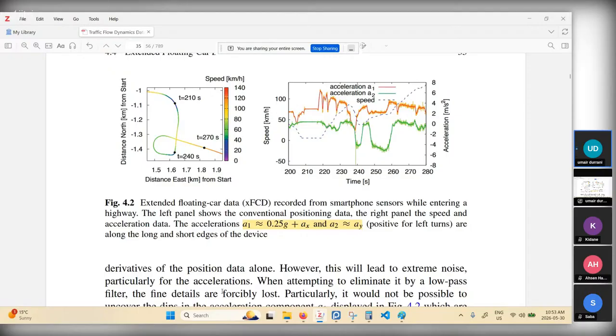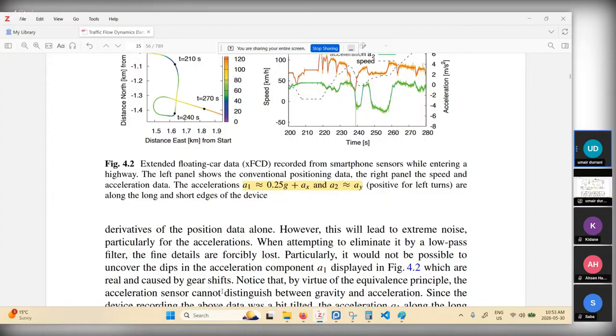Now, the phone has two edges, as we know. It has a longer edge and a shorter edge. The longer edge has its own acceleration as the vehicle is moving, which is indicated by A1, which is approximately equal to 0.25 g. G here means 9.8 meters per second squared, which is the acceleration due to gravity, plus AX. So AX now indicates the longer edge. AY indicates the shorter edge. That gives us A2. So we have these two accelerations corresponding to the longer and the shorter edge of the smartphone device.